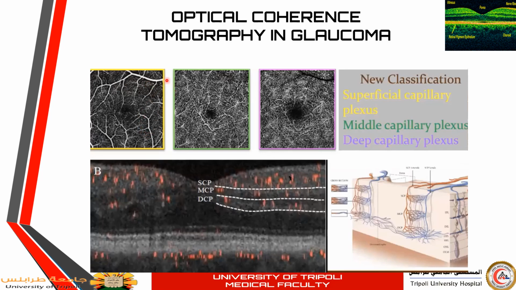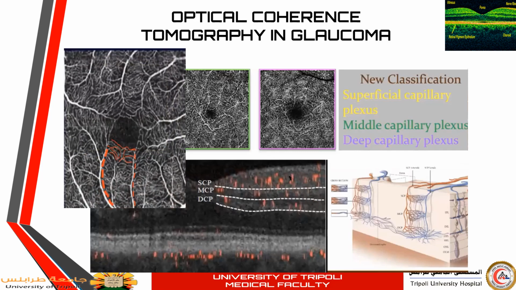They have a straight course, branching and arborizing, forming a network around the foveal avascular zone. As you can see in this slide, they have a straight course with interconnecting blood vessels in between.